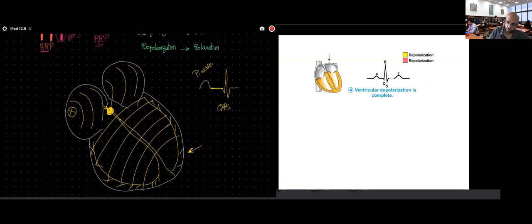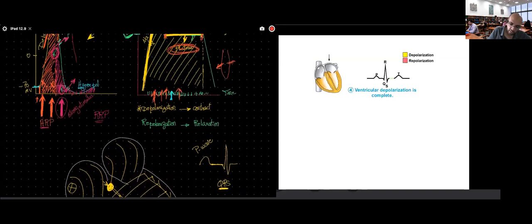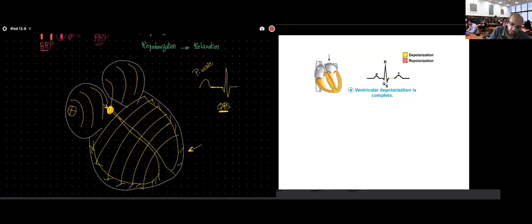During this time, while the machine is recording the electrical change taking place in the ventricles, the atria are going to be repolarizing. This is taking place while the ventricles are depolarizing. So that's why it's going to be masked. I will not be recording the repolarization of the atria.